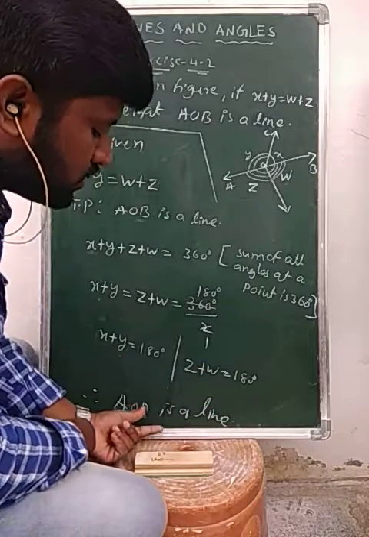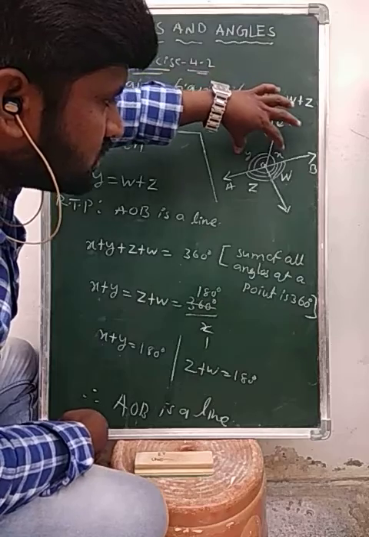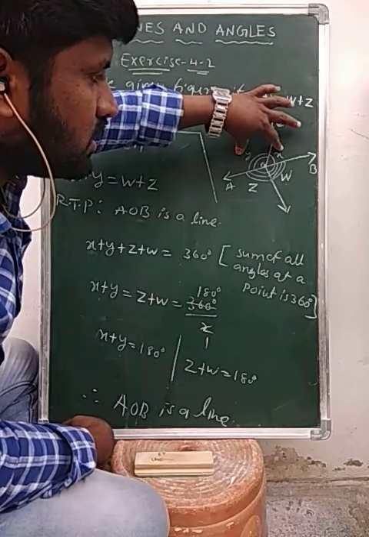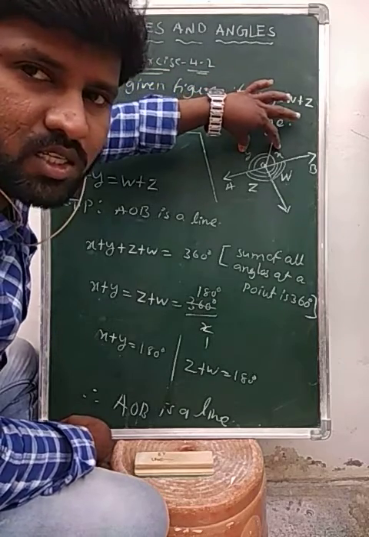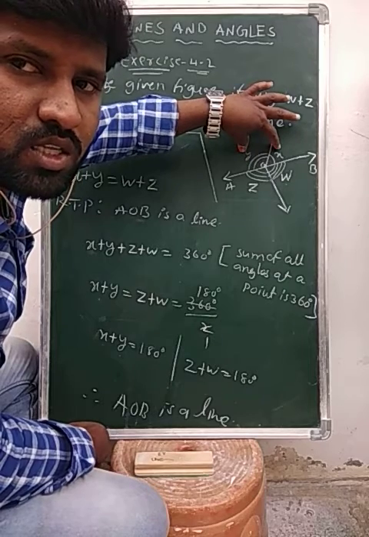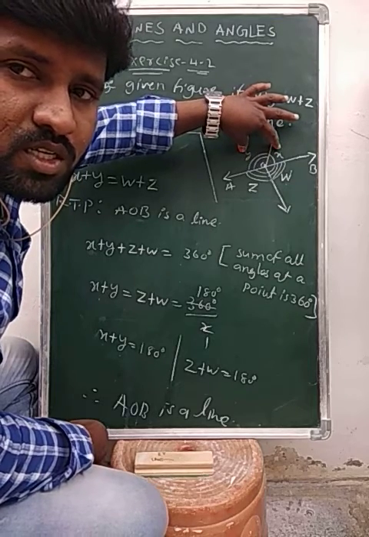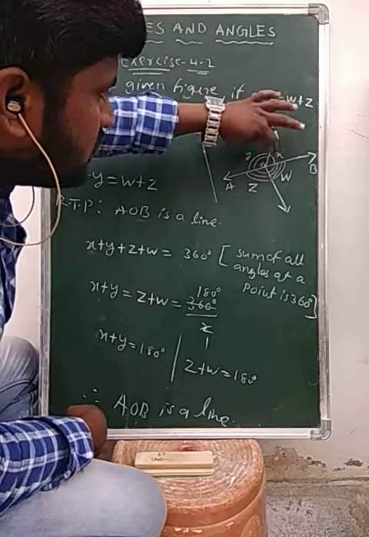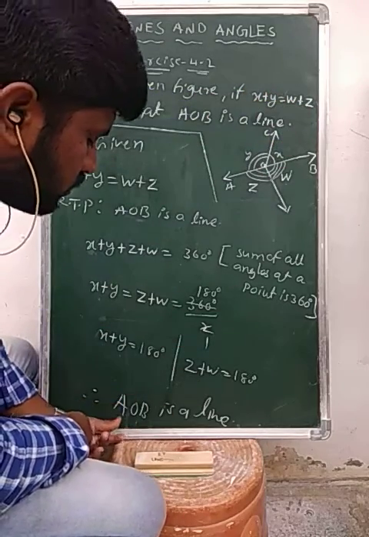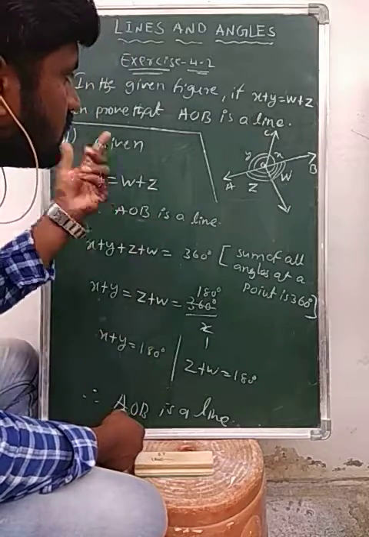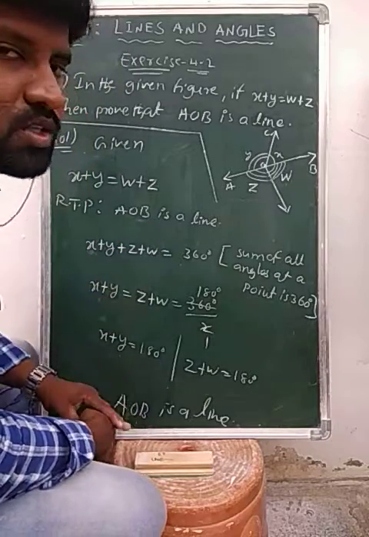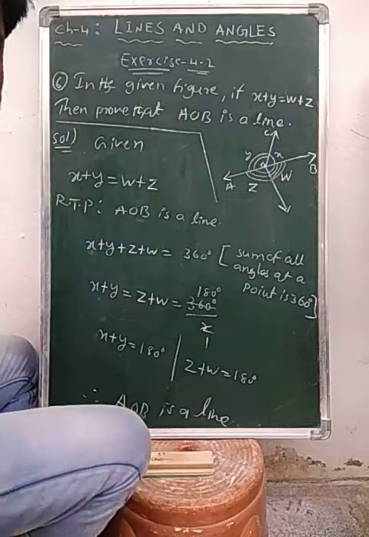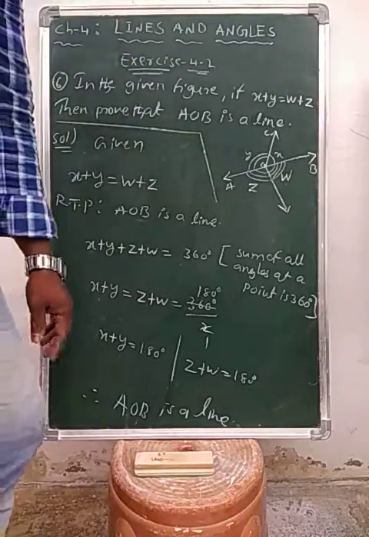AOB is a line because the sum of two adjacent angles is 180 degrees, that is called a linear pair. The sum of two adjacent angles whose measure is 180 degrees. So AOB is a straight line. By the statement we can say that. So this is the required answer for this question. Okay, thank you.